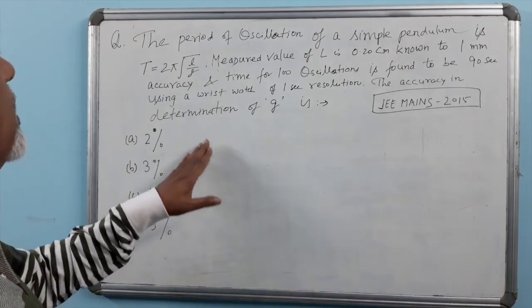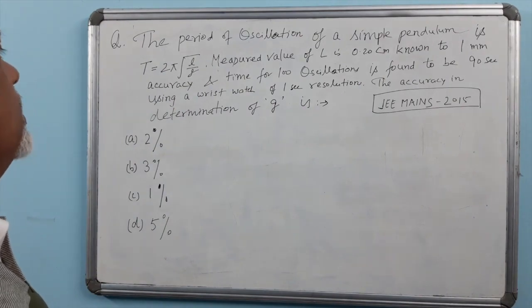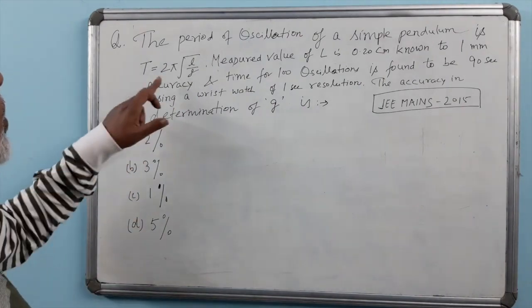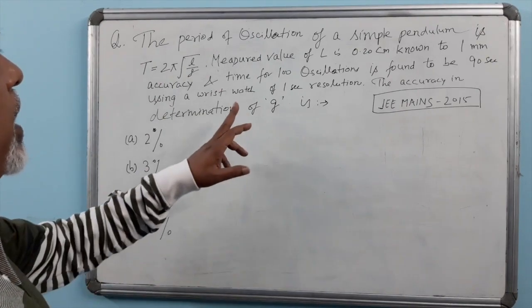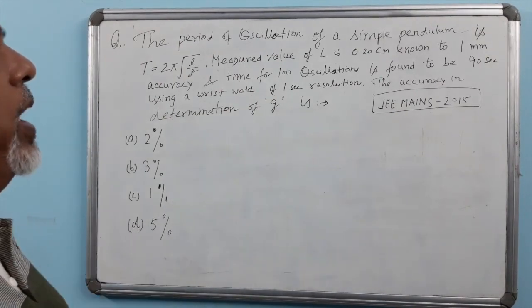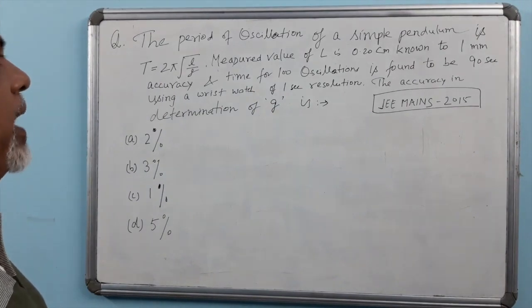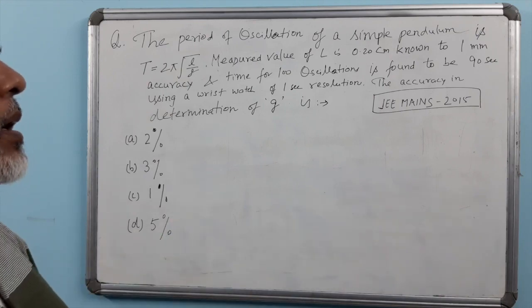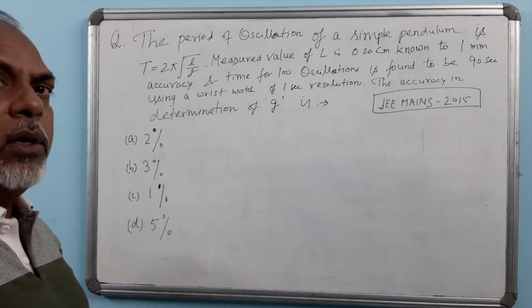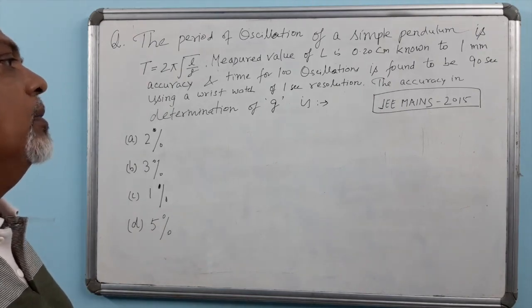The question says the period of oscillation of a simple pendulum is T = 2π√(L/g). The measured value of L is 20.0 centimeter, known to 1 mm accuracy, and the time for 100 oscillations is found to be 90 seconds using a wristwatch of 1 second resolution.